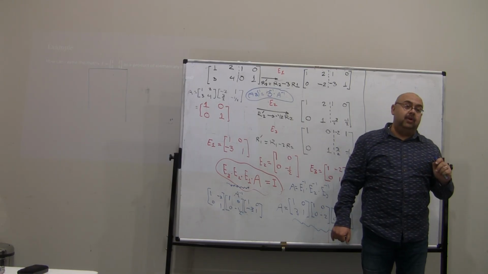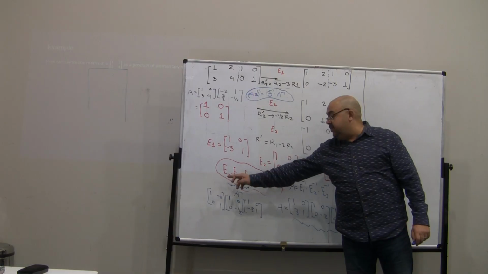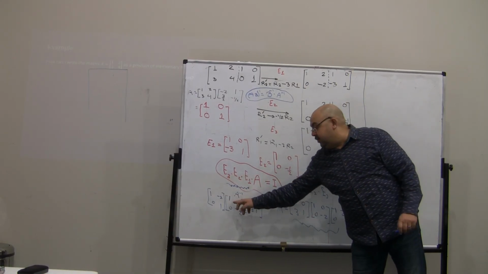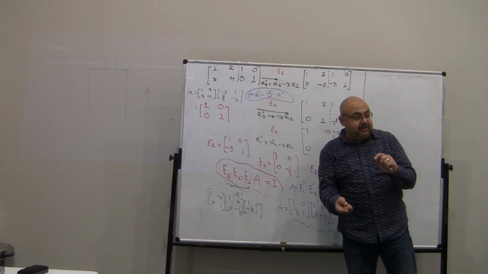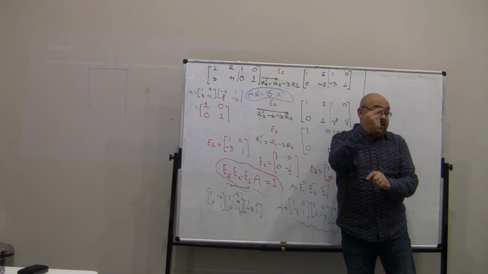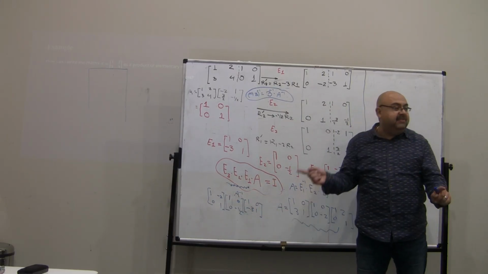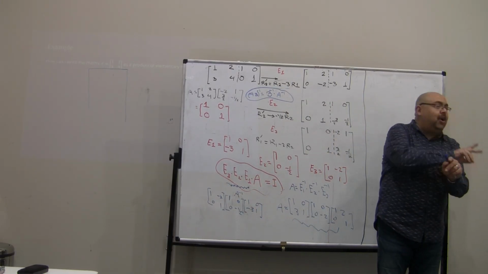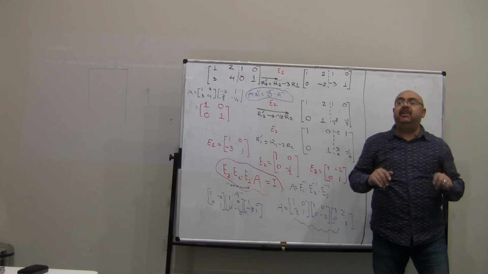If he's asking you about the elementary matrices that form the inverse, here they are, E3 times E2 times E1, those three matrices. If he's asking you about the elementary matrices that form the general matrix, get the inverse of these steps, which means I will reverse the order and reverse the operations. Are you with me? This is very, very important.